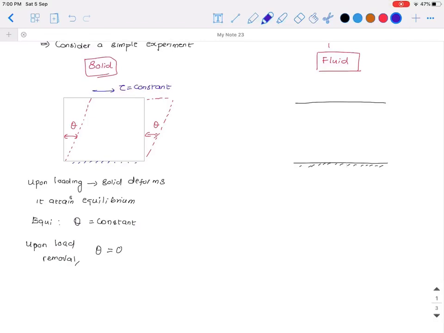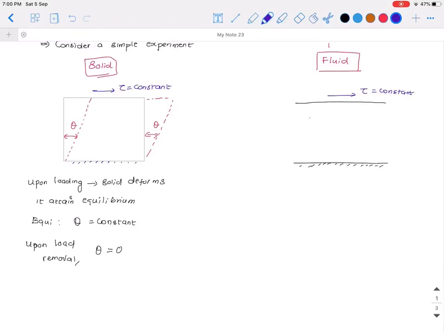The fluid is filled in the gap between the plates, so we apply a constant shear force at the top by moving this plate at a particular velocity. That will induce shear on the fluid which is filled in between the plates.